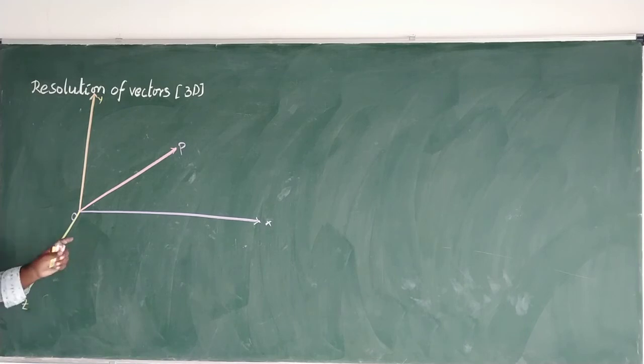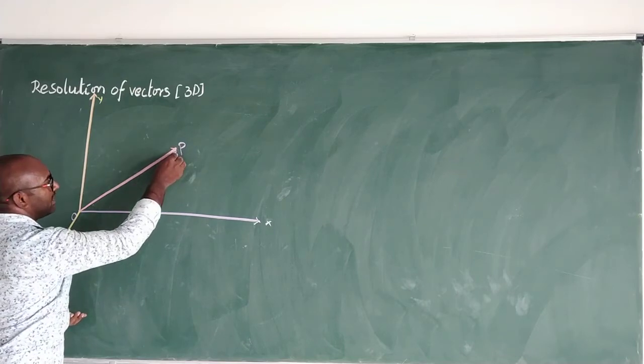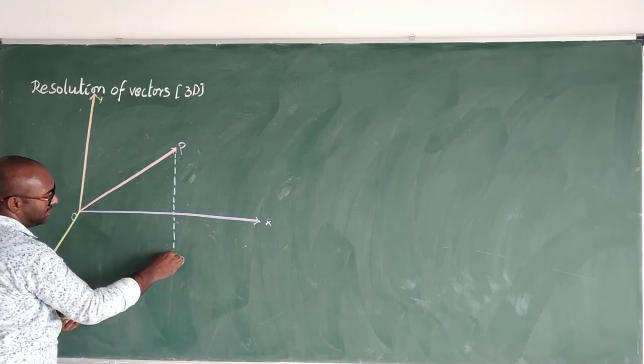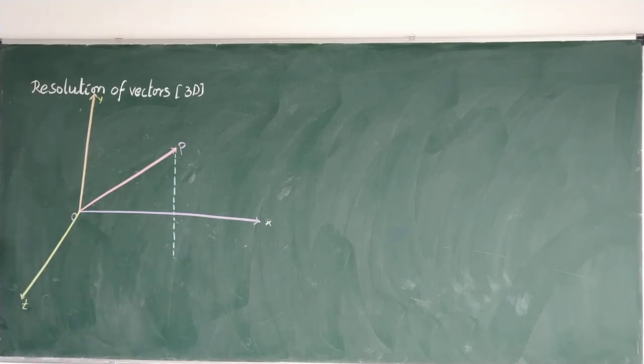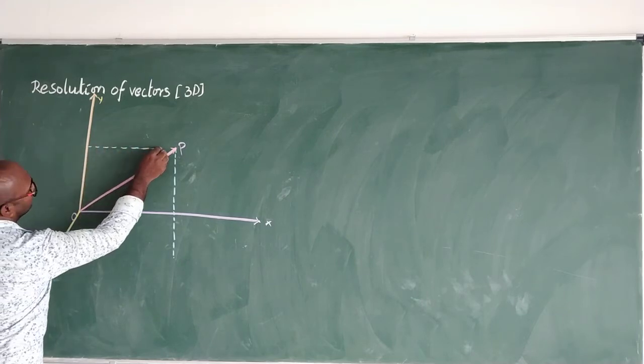How can I make it a three-dimensional shape? For that, I draw one perpendicular onto the x-axis, extending it a little bit, and again one perpendicular onto the y-axis.